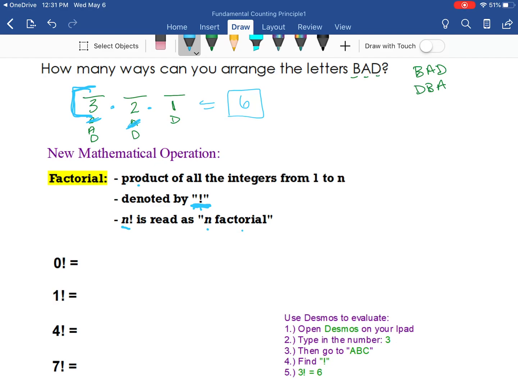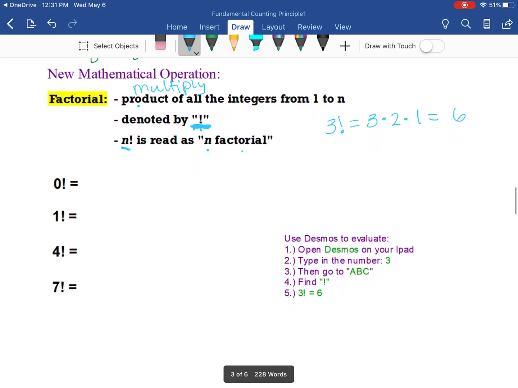So when we rearranged the letters in the word bad, we ended up doing 3 factorial. Remember, the product means to multiply. So we wanted to multiply the numbers from 1 to n. Well, in this case, 3 would be n, so we're multiplying the numbers from 1 to 3. And that's what a factorial is.